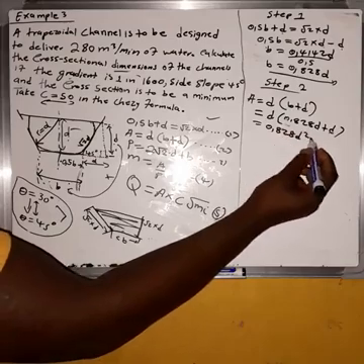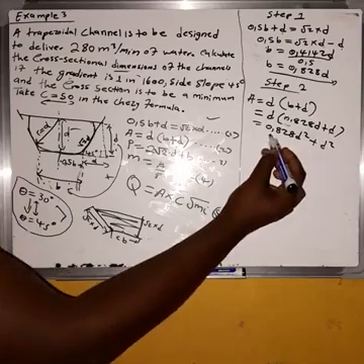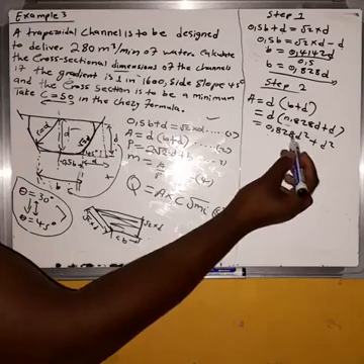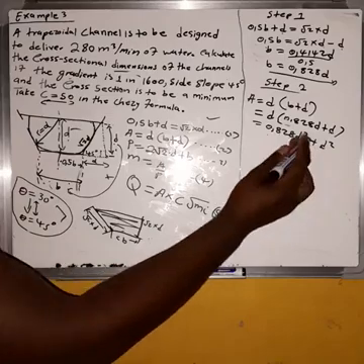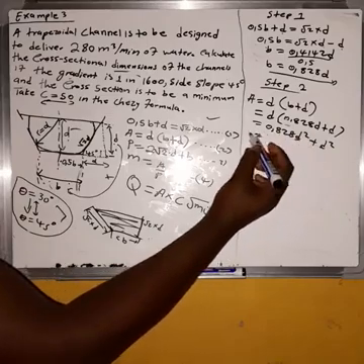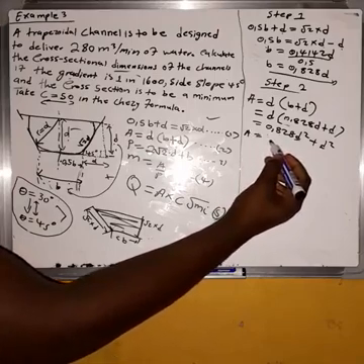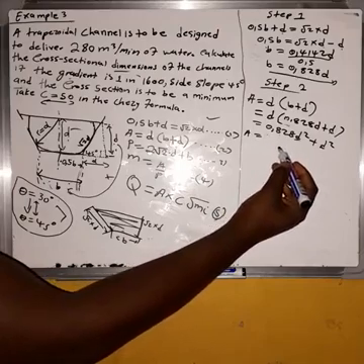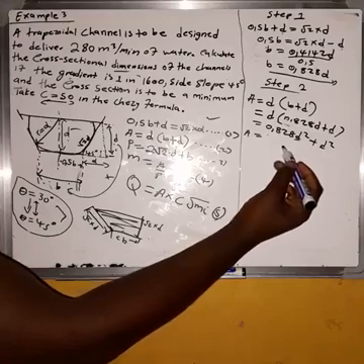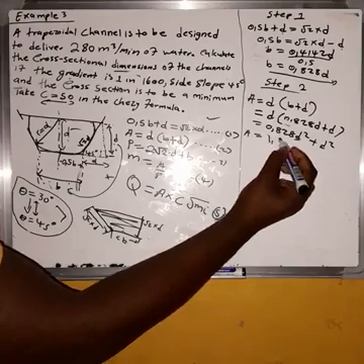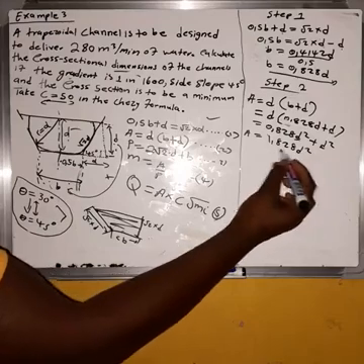0.828d squared plus d squared. You add 0.828 plus 1, because d squared and d squared is the same thing. You're supposed to get that the area must be equal to 1.828d squared.